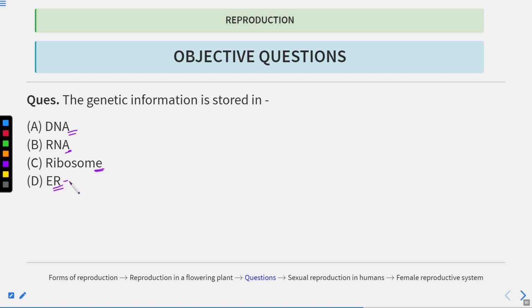Which is again involved in protein synthesis when they combine with the ribosomes, and they are also involved in lipid synthesis. So we can write protein synthesis, lipid synthesis, as well as steroid synthesis. Okay, they are also involved in carbohydrate metabolism.